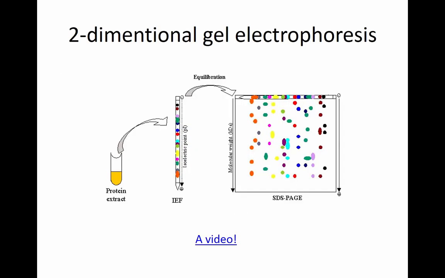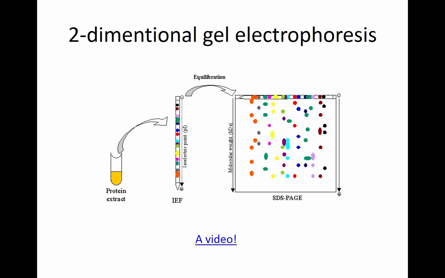Well, we can run what's called two-dimensional gel electrophoresis and separate the proteins by two attributes. And we're not going to do this in lab, unfortunately. We don't have the apparatus for it.